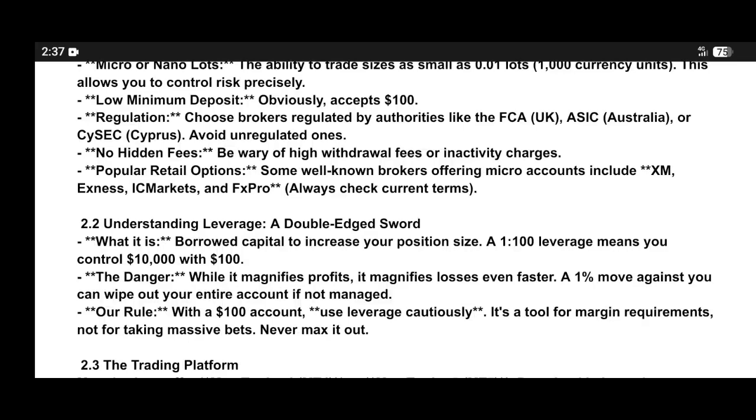The danger is that while it magnifies profit, it also magnifies losses even faster. A 1% move against you can wipe out your entire account if not managed well. So our rule is this: with a $100 account, use leverage consciously. It is a tool for margin requirement, not for taking massive bets. Never max it out.